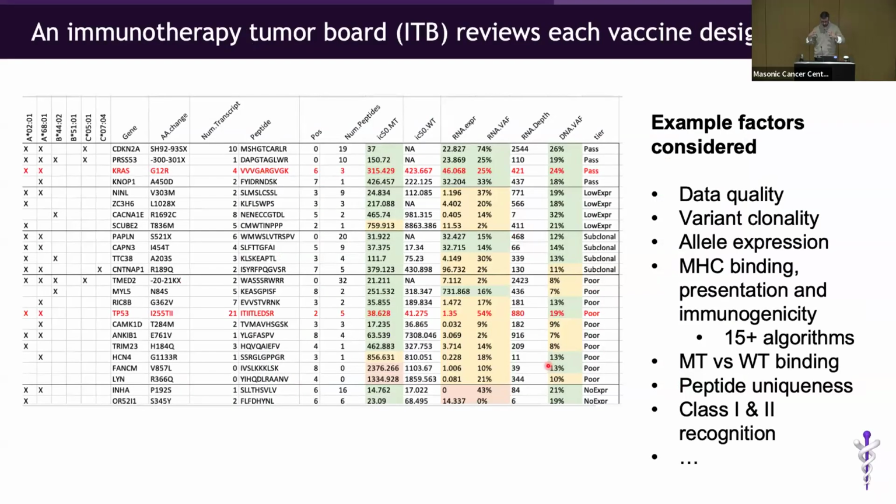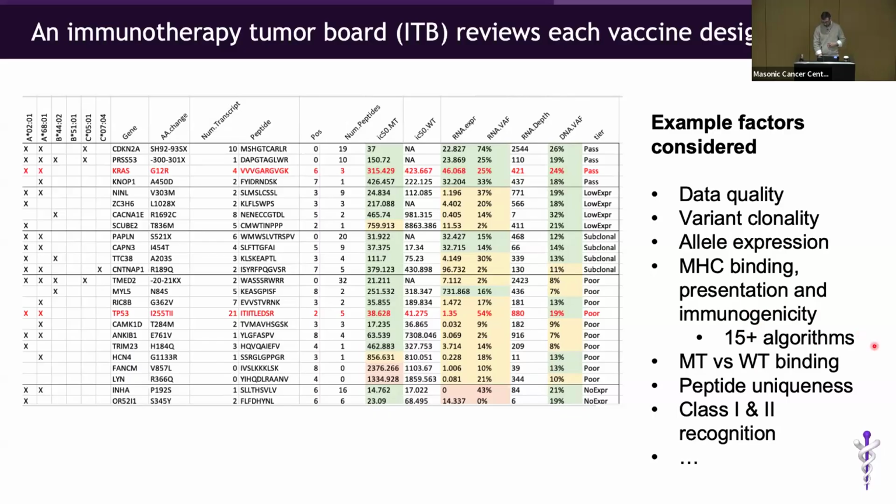So you get all of these different factors to consider, and for quite a while we were juggling spreadsheets and looking at information in different raw forms to try to get a sense of data quality and things like clonality, allele expression, binding, presentation, immunogenicity.